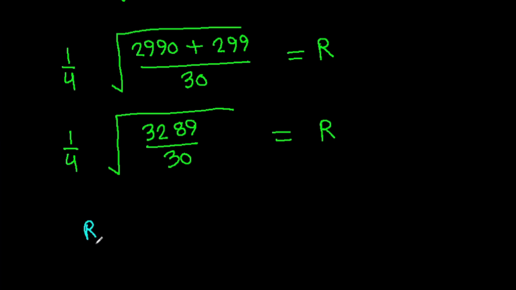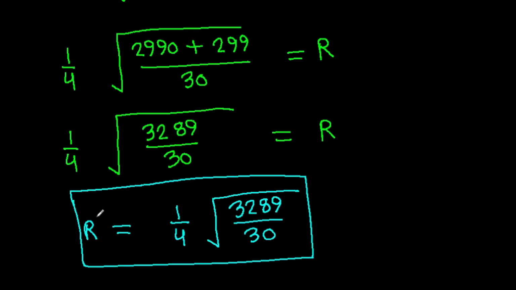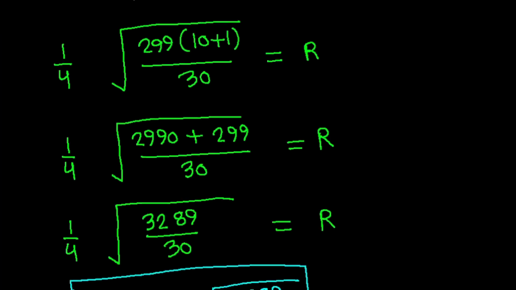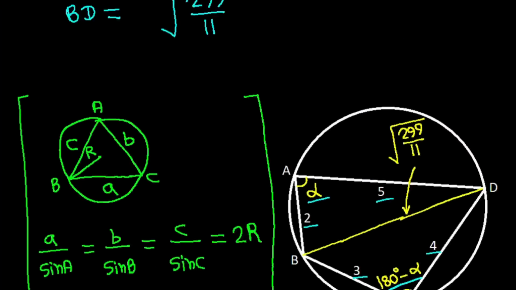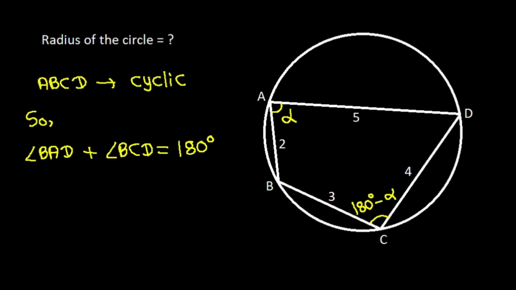So the radius is 1 over 4 times root under 3289 over 30.